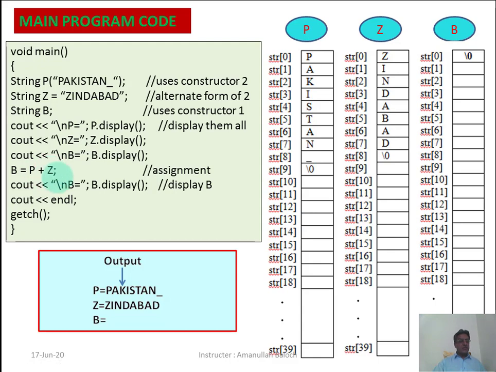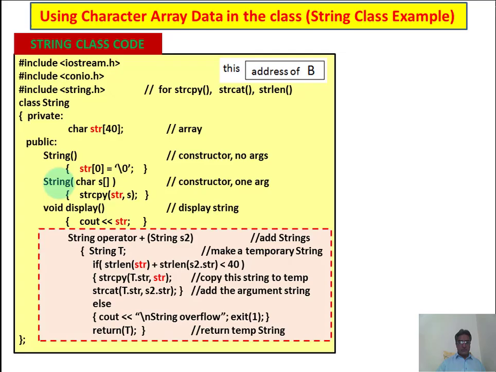Here you may see, this is the plus operator which is activated by that specific line of code, B is equal to P plus Z. So P is calling this plus operator.